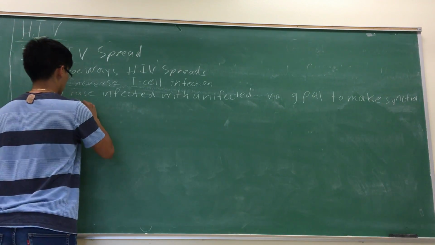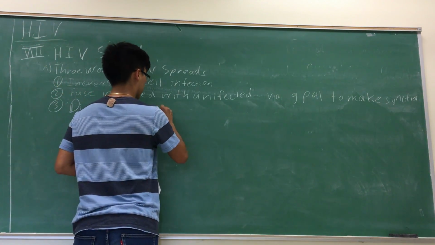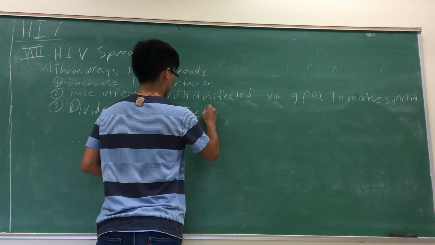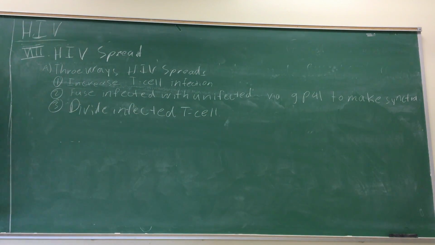Or you can divide the infected T cell. Remember how we said HIV is a retrovirus, it has a protein called integrase, it can integrate itself into the genome of the cell. It can actually produce a latent infection. So let's say you get infected with HIV, and then viral load increases and decreases because of the immune response.